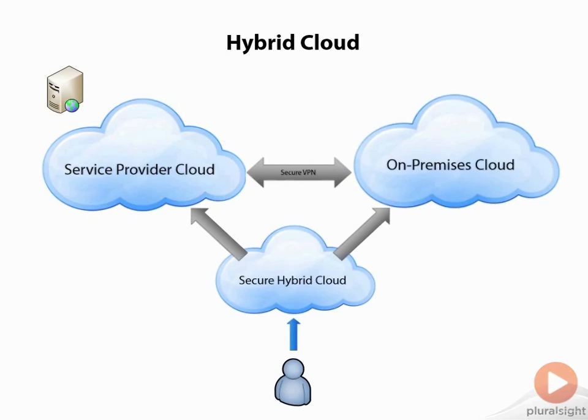Perhaps a service provider server is all that we need. Or perhaps we want to have one in our on-premises environment. Perhaps we have one that's in our service provider environment and we need to move it into our on-premises environment. That's the great thing about the hybrid cloud model, is that you can move your workloads as needed.